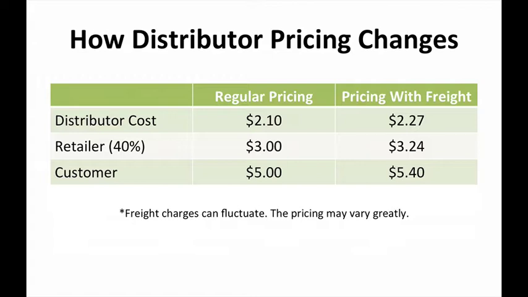So the pricing with freight, you're at $227 to a distributor, and that increases the price eventually to the customer to $5.40, which will probably go up to $5.49 MSRP. And again, your freight charges can fluctuate. We're just using one example with rough numbers pulled from the air, and the pricing may vary greatly.